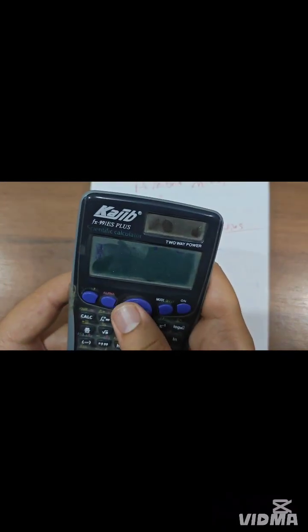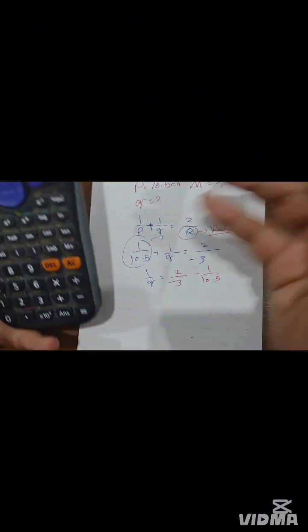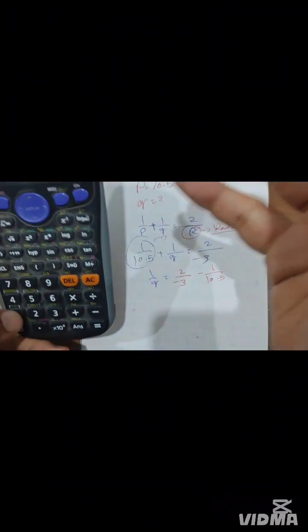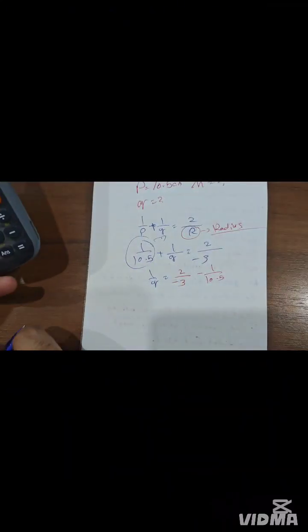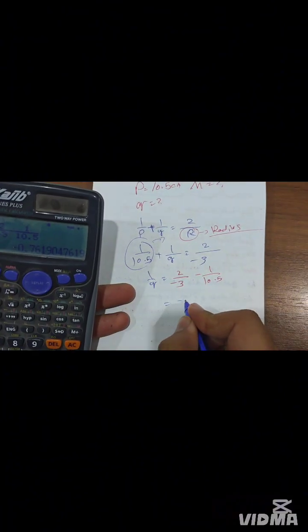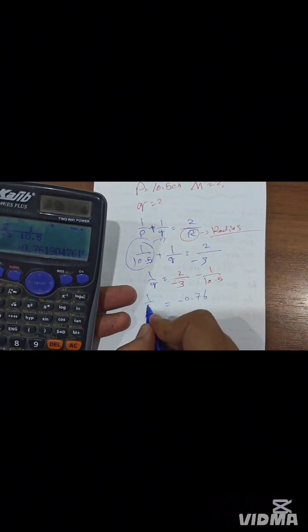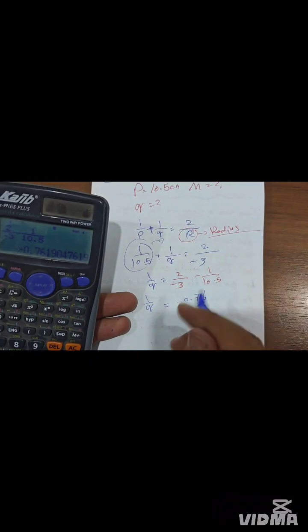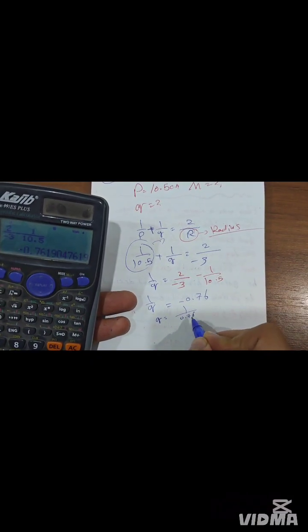2 over negative 3, negative 1 over 10.5, equals negative 0.76, that is 1 over Q. To find the value of Q, flip this number again: 1 over 0.76.